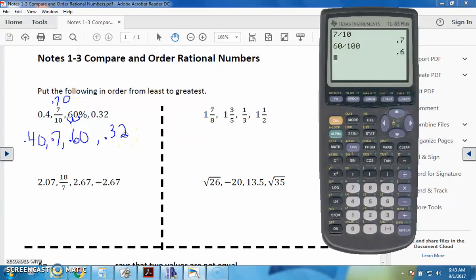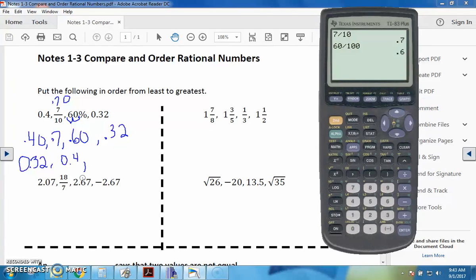What is our smallest number? 32 hundredths. Now, when we write this, we're going to write it down in the format that they originally gave us. So what we would do here is put 0 and 32 hundredths. Okay? What's the next largest number? The way they have it here is 4 tenths. So we would put 0 and 4 tenths.